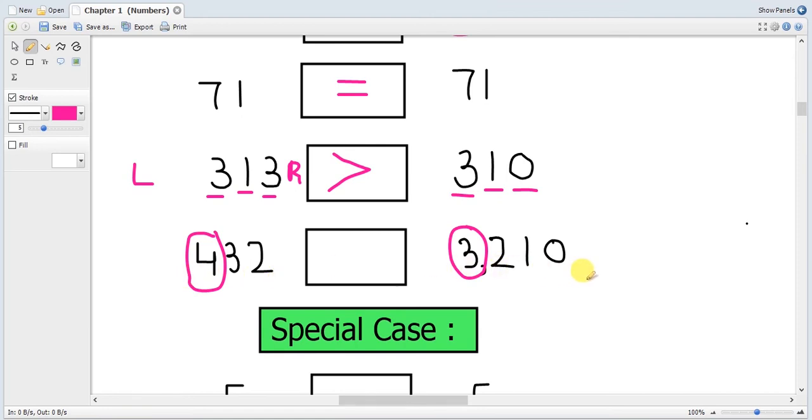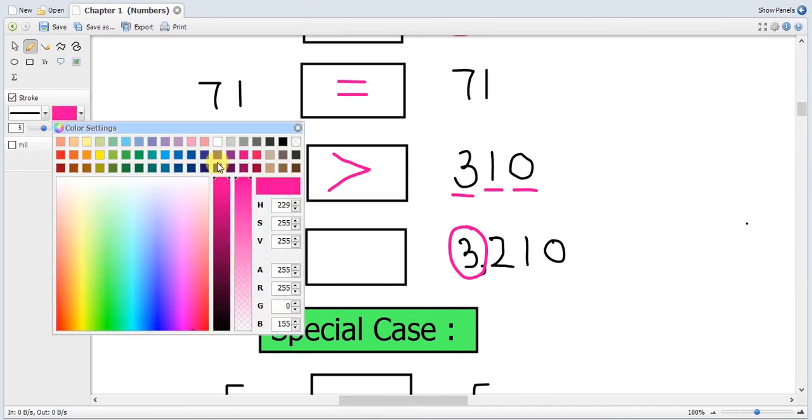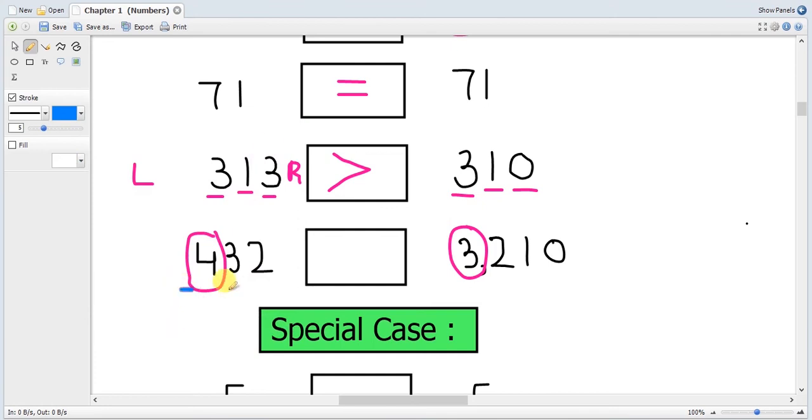So don't make such a mistake. Over here, this situation is that the number of digits is different. In this case, we have 3 digits. And in this case, we have 4 digits, right? So that's why now what are we going to do in this case.